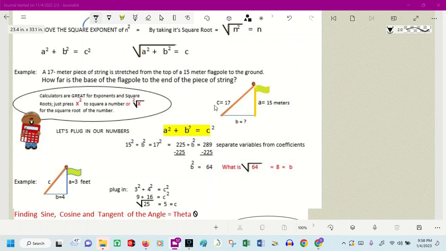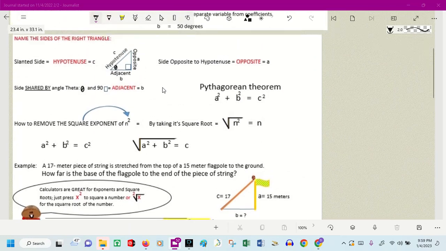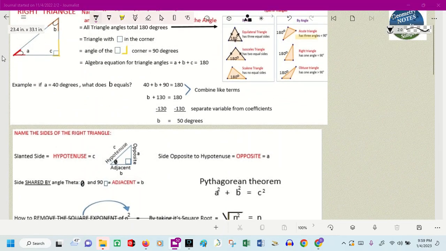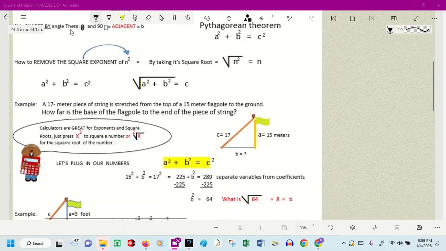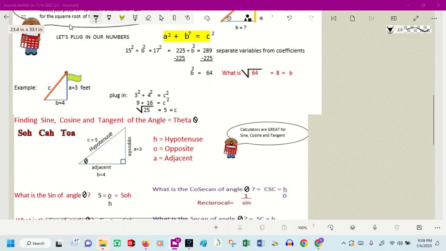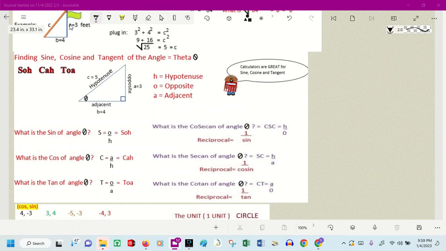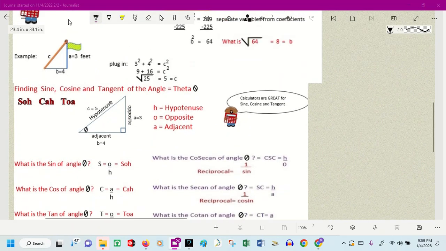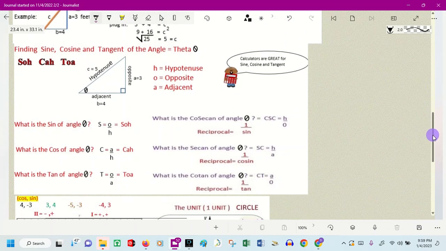Okay, because it is so easy to find any side of a right triangle using the Pythagorean theorem, and because it is so easy to find any angle of a right triangle, since all three angles always add up to 180, and because those are both very simple to remember and practice, you are also asked to find the sine, cosine, and tangent of that same angle.